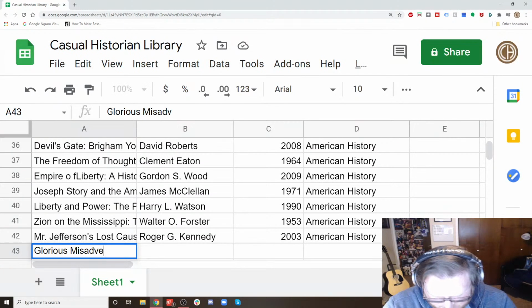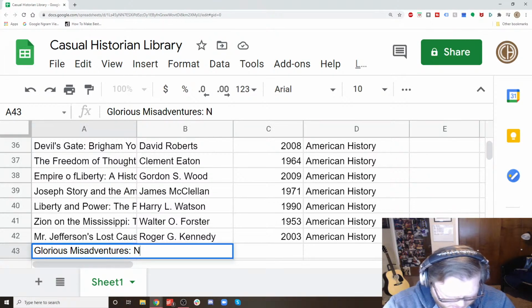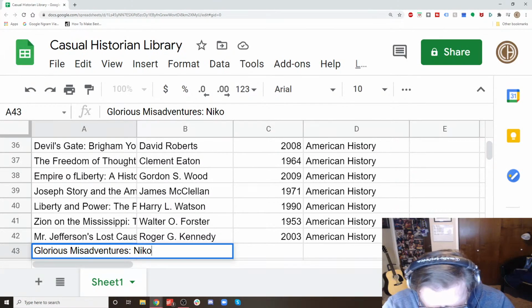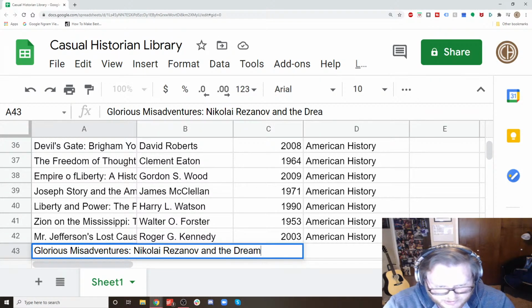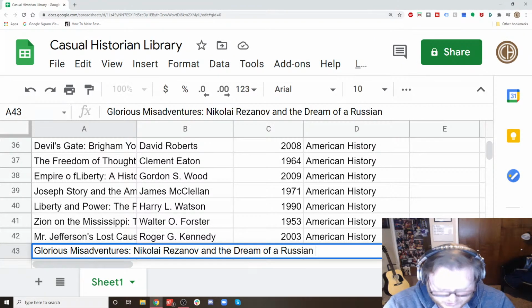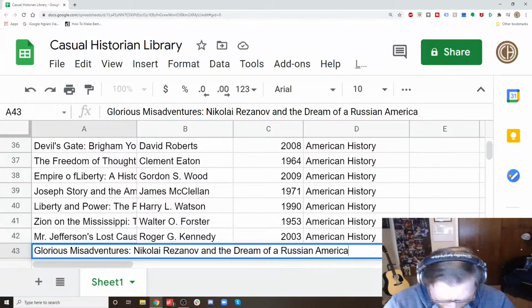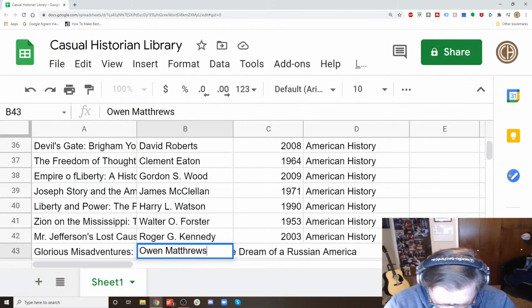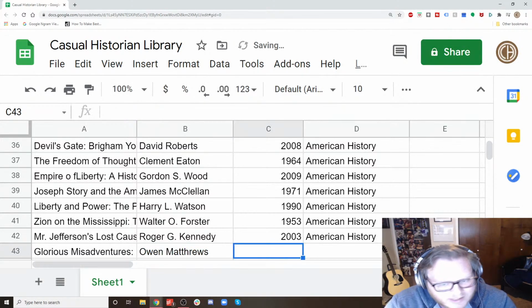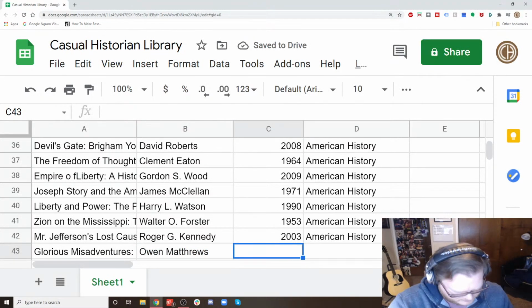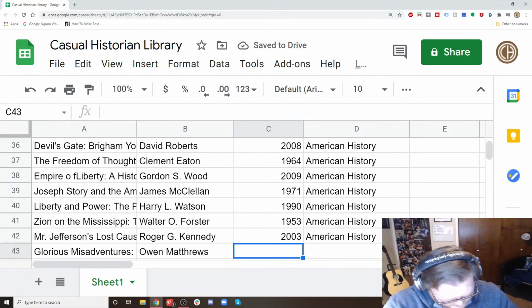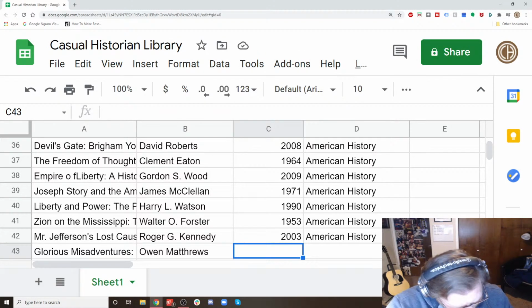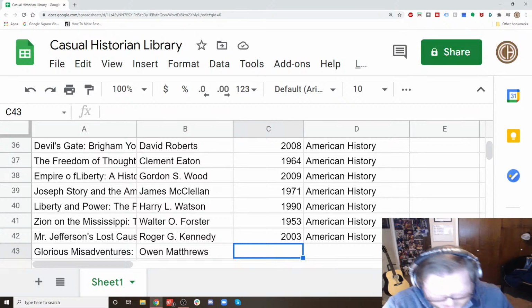Glorious Misadventures: Nikolai Rezanov and the Dream of a Russian America by Owen Matthews, 2013.